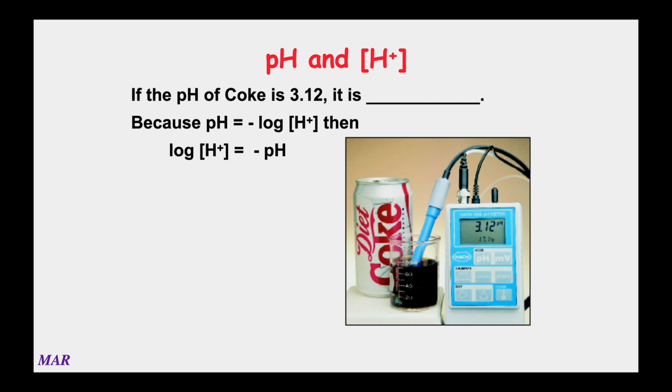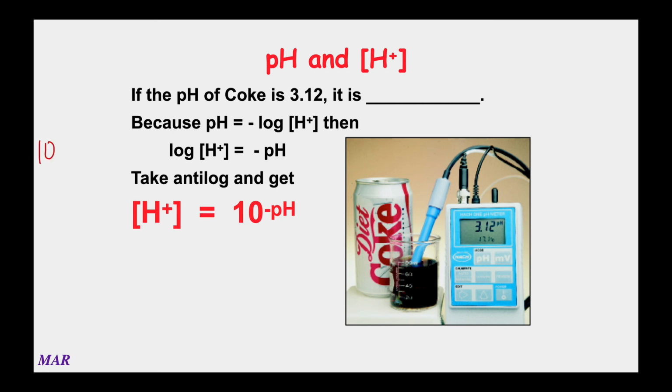Now, to get rid of that log, you go 10 to the power of, all right? They call it the antilog. 10 to the power of log H+. The 10 power and the log cancel each other out. This is something from math. You do not have to worry about the dynamics. I'm just telling you the kind of ways to get around it.